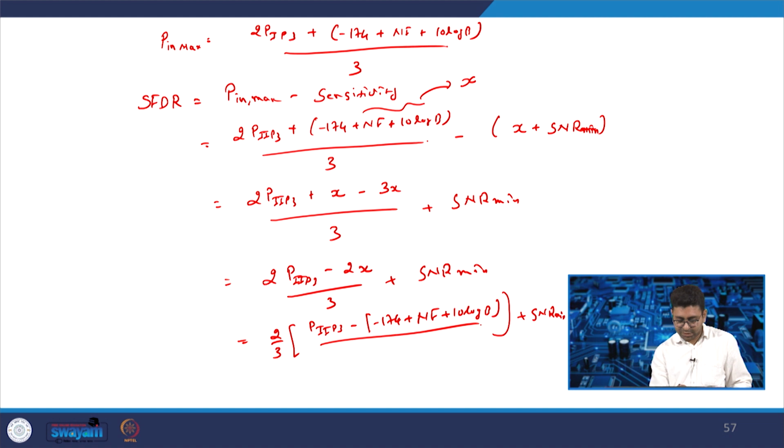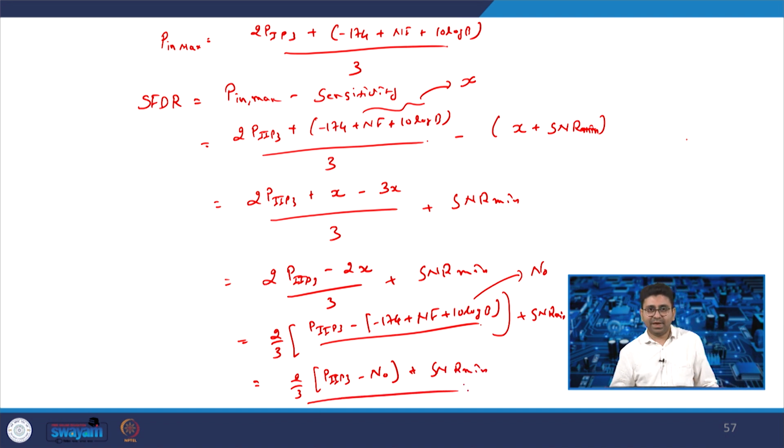So, this is the final equation for SFDR. For your system, if you have added the noise figure, that is nothing but the system noise power, which can also be defined as N naught. We can also write this term as 2 by 3 P IIP3 minus N naught plus SNR min. So, this is how SFDR is defined.